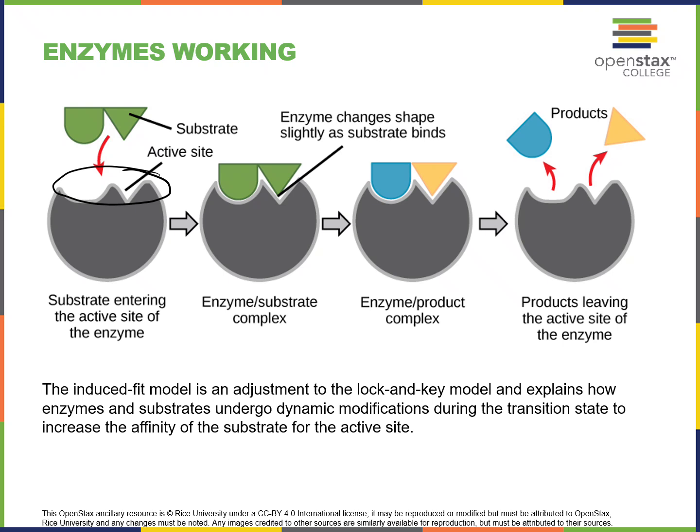Sometimes the product will help to stop the original process, but that's a different kind of enzyme regulation. But essentially, that's how enzymes work. Specific substrate, specific active site, they create that enzyme substrate complex, and then the products pop out. Okay? It's kind of a lock and key mechanism.